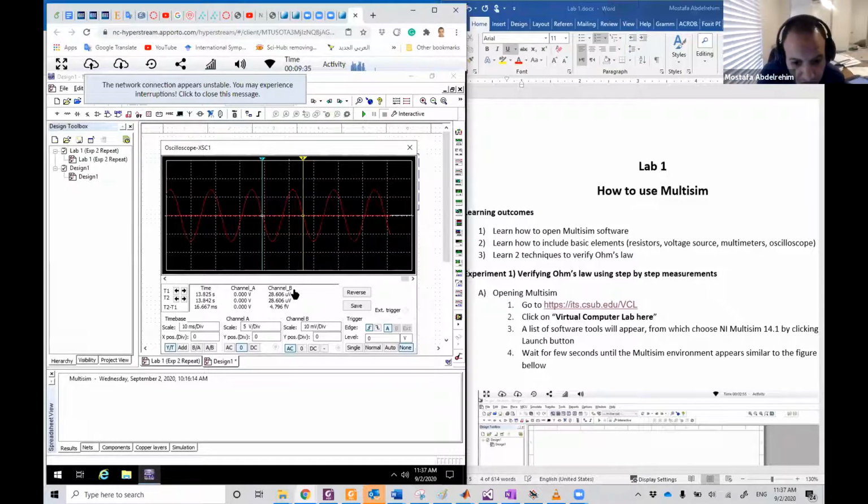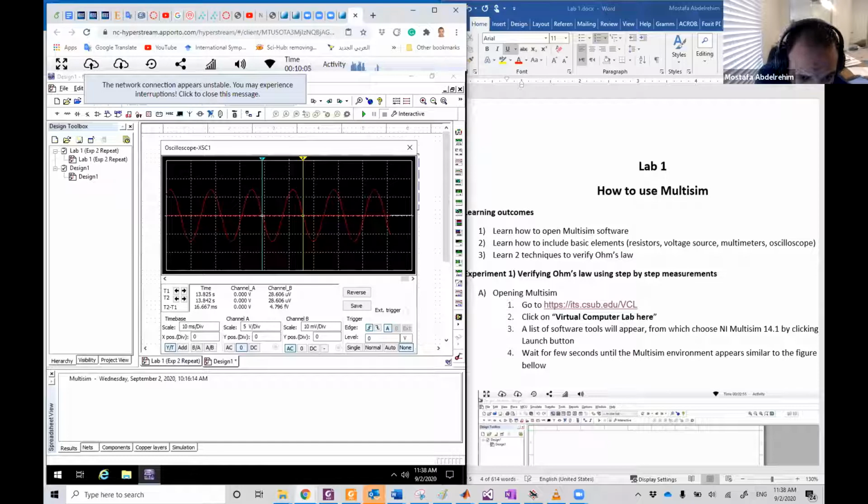Just a little note. What do these numbers mean? For channel B, for example, which is what we are currently showing, because we are not showing channel A since we put it in zero mode, this means 10 millivolt per division. So any division, any square here, is actually representing 10 millivolts.